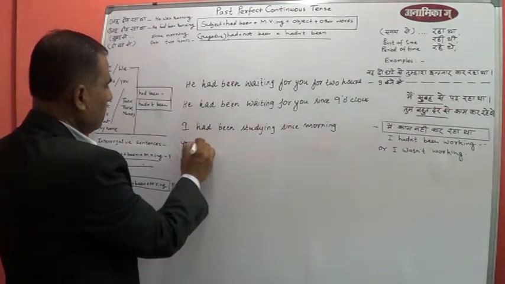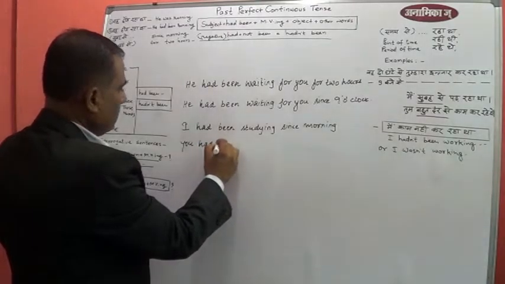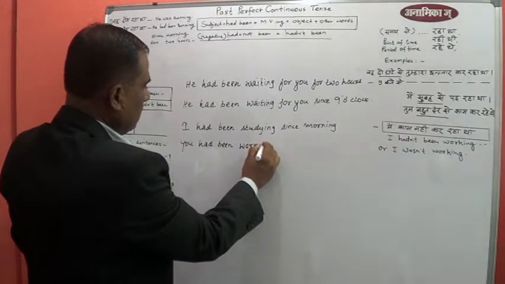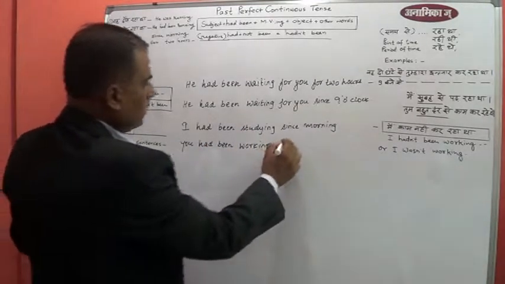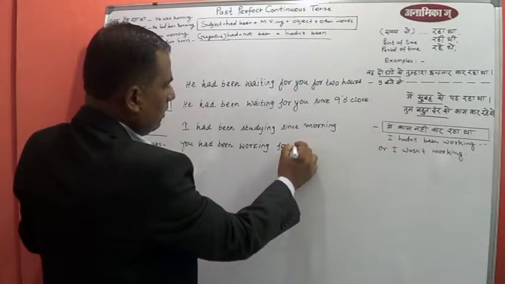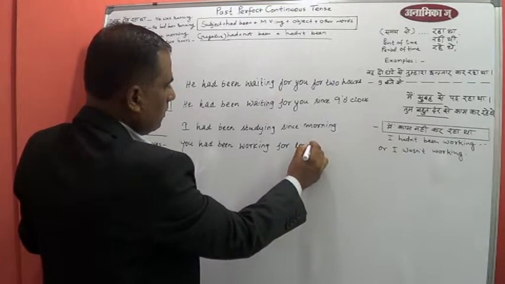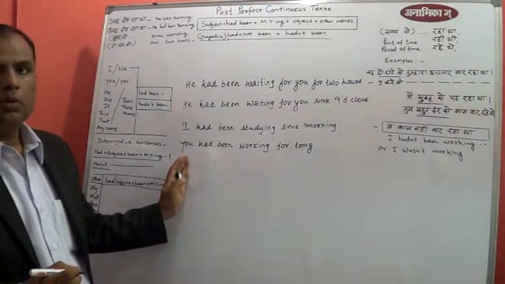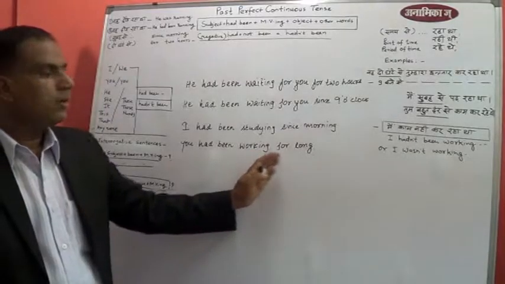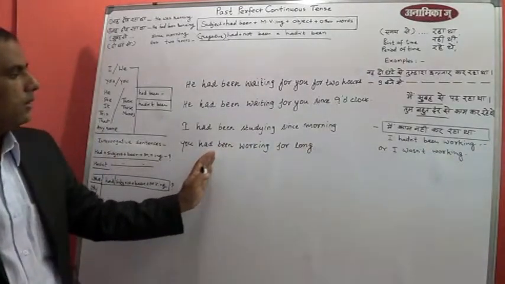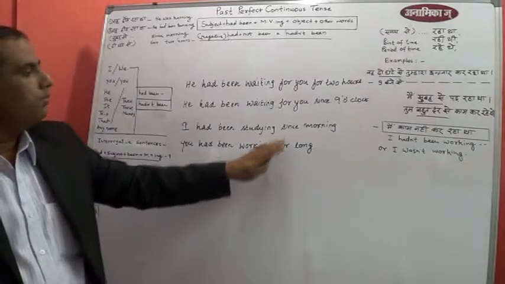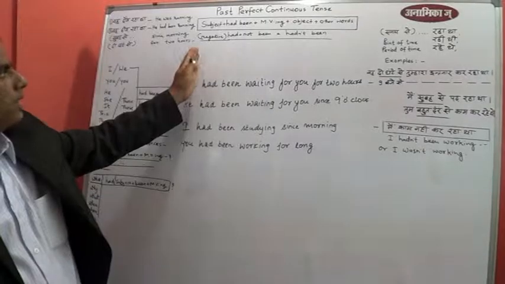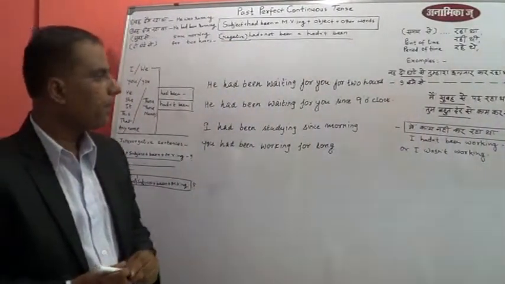You had been working for long. You had been working for long. So again, there is a mention of period in both the sentences. That is why we will have to follow the structure of past perfect continuous tense.